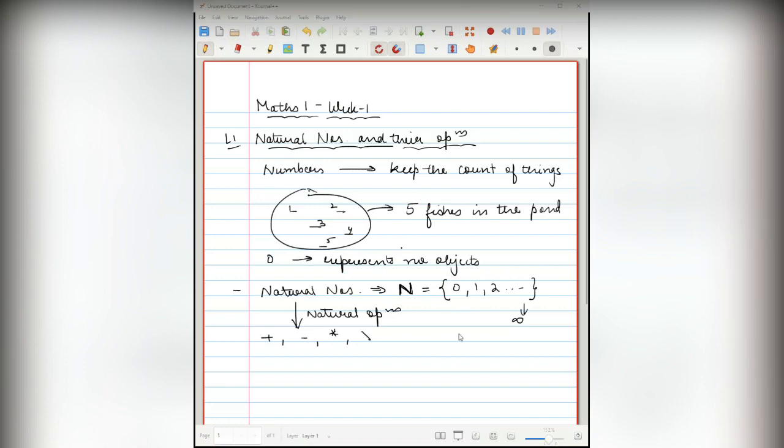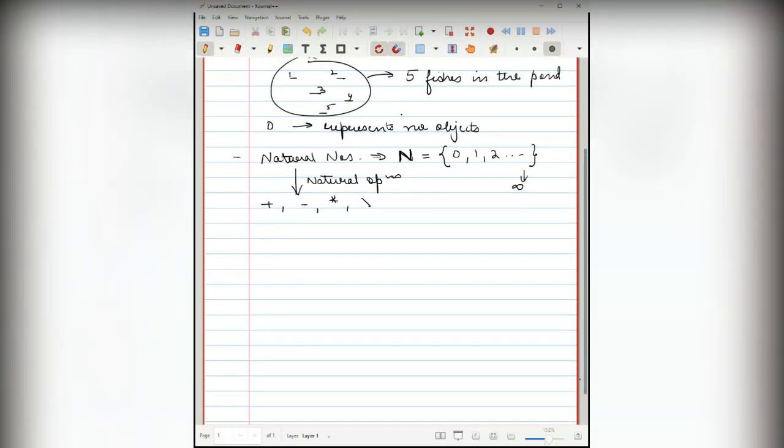Now let's see one thing. If I subtract 6 from 5, the answer is -1. Now -1 is not a natural number. So now we need some name which will include all the negative numbers as well. That we call integers.